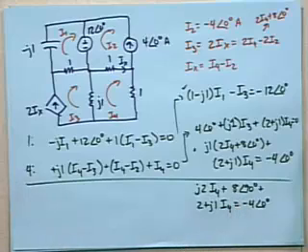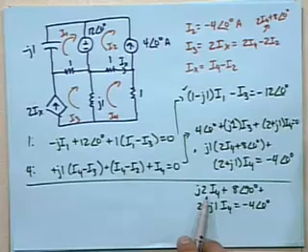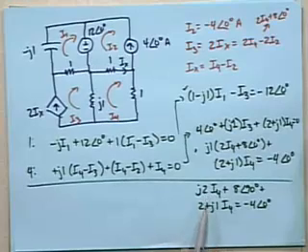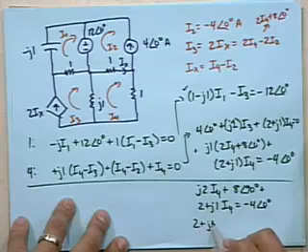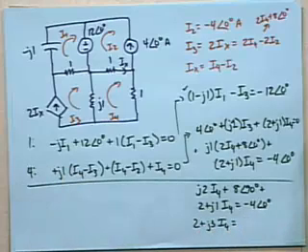So we can subtract that 8 from both sides, and this should turn into a 3J3. Or 2, so this should be 2 plus J3 times I4 equals, we have negative 4 at an angle of 0 minus 8 at an angle of 90. Whoops.